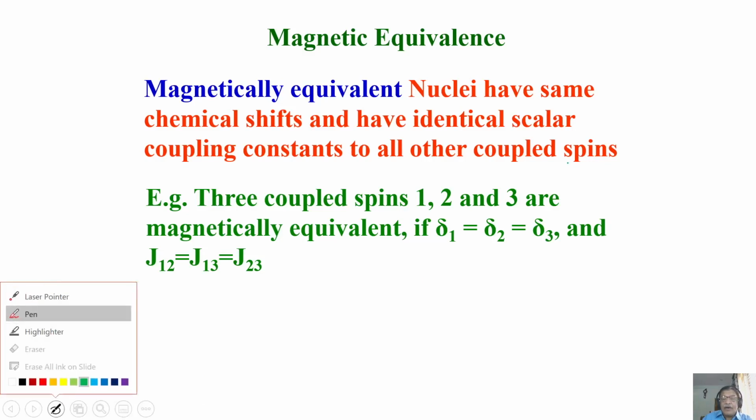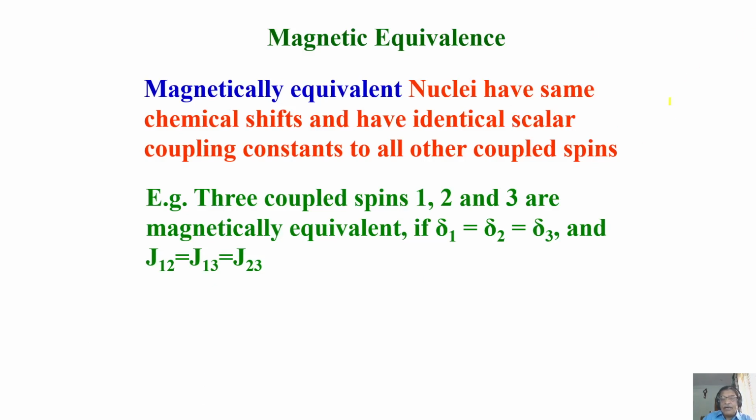I'll take the highlighter. Now you see what happened here. Now three protons are there. This proton, this proton, and this proton all have the same chemical shifts. I call them delta 1, delta 2, and delta 3.